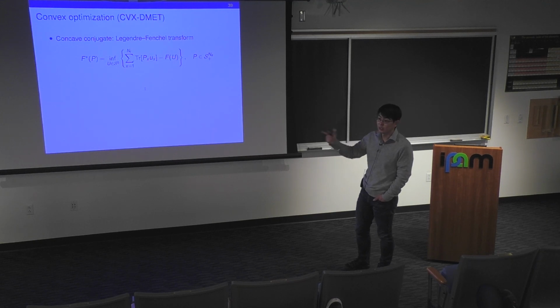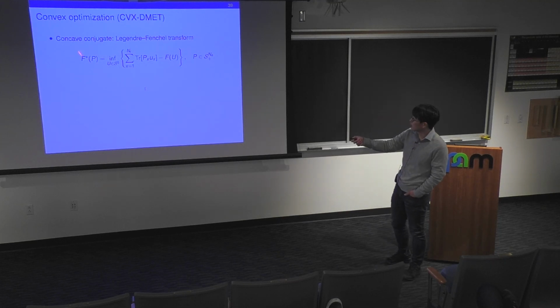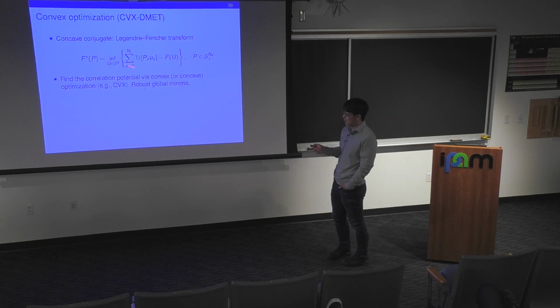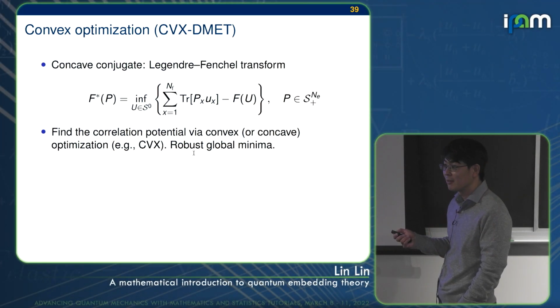Remember, given any U, I can define this sum over the lambda, and now you define the dual of it. This problem, if it can be solved, just gives you U, period.